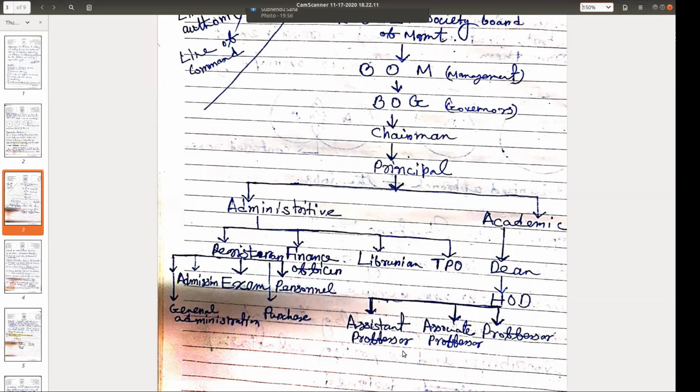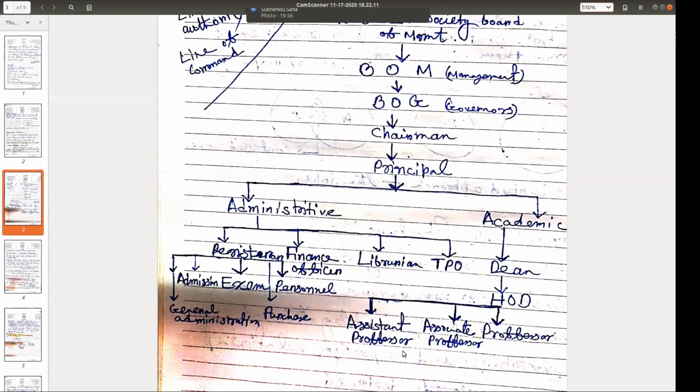Now if you see the administrative section and academic section, you can say they are contemporary. When the board of governors is coordinating with the chairman, the chairman is coordinating with the principal, the principal is coordinating with the dean, HOD, this is vertical coordination.